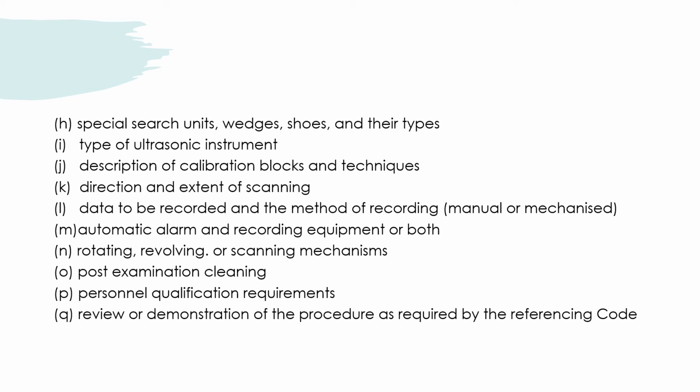Number 10 is description of calibration block and the techniques. Number 11 is direction and the extent of scanning. Number 12 is data to be recorded and the method of recording, manual or machine.